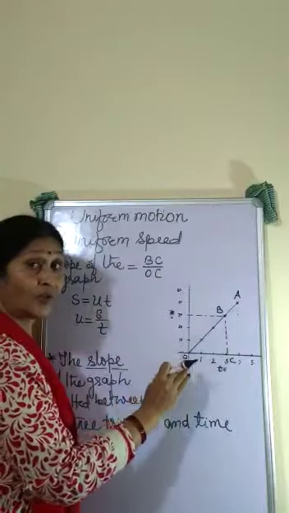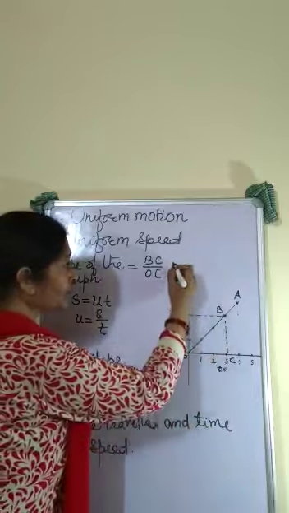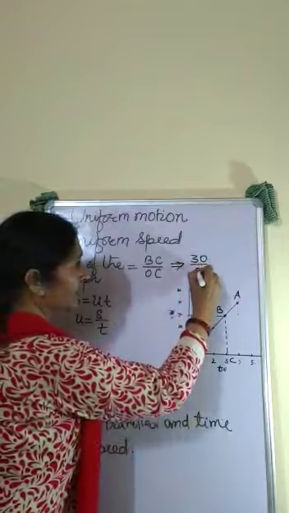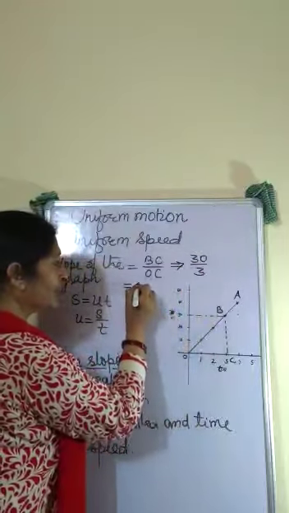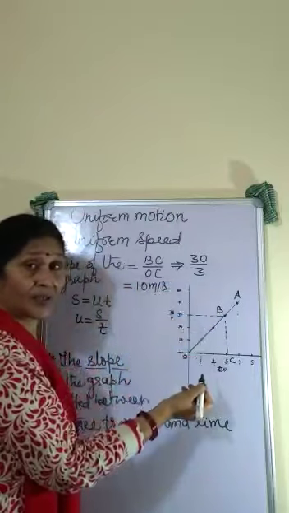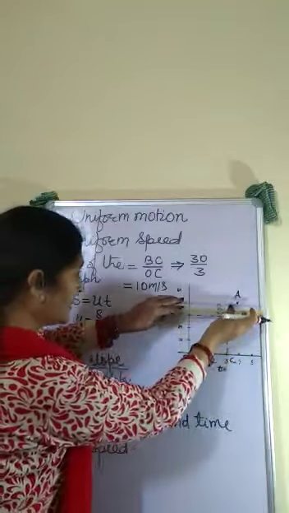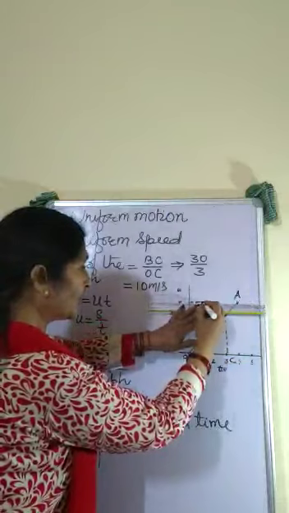And how will we find out the slope? We will find out in this way. This implies 30 by 3, means what? The speed is 10 meter per second. Similarly, other points you can also take. Just take the distance travelled 40 meter.